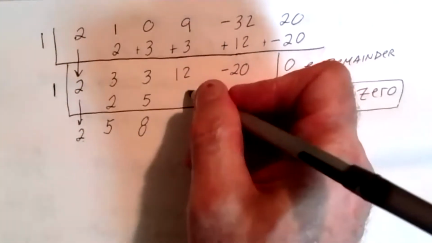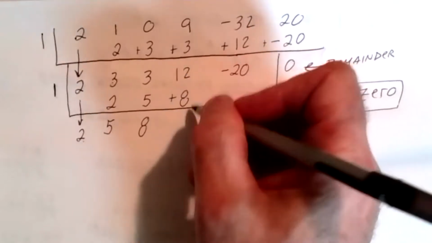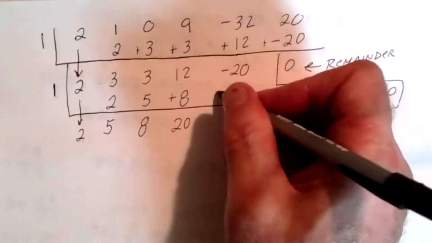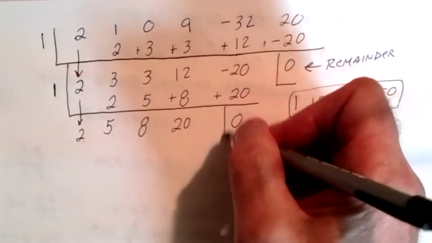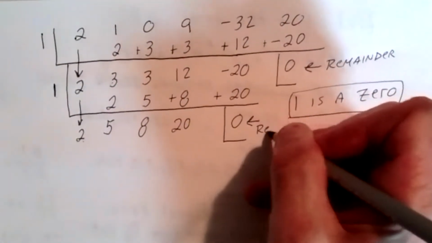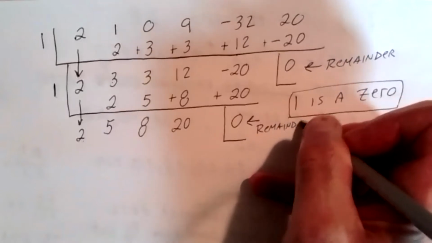1 times 8 is 8. Bring the number up and add. 12 plus 8 is 20. And 1 times 20 is 20. And we add, and bingo again, les amis, we get a 0 remainder. And since our remainder is 0 again, we would conclude then what?